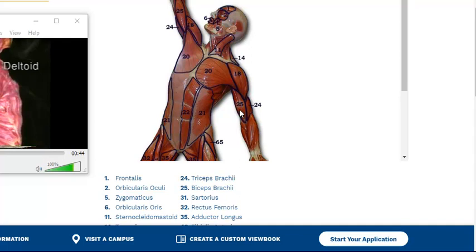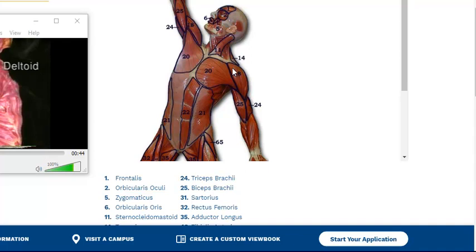So your biceps are this one right there, and then your triceps are on the other side of your arm. So when one of those is contracted, the other is extended, and when the other one is extended, the other one's contracted. And so that's how we can pull our arm in or straighten our arm out, depending on which thing we're trying to do.